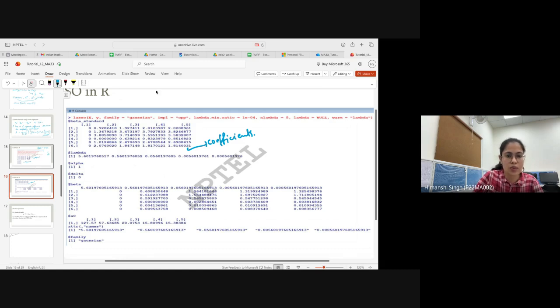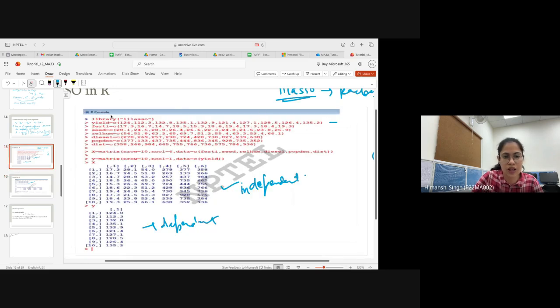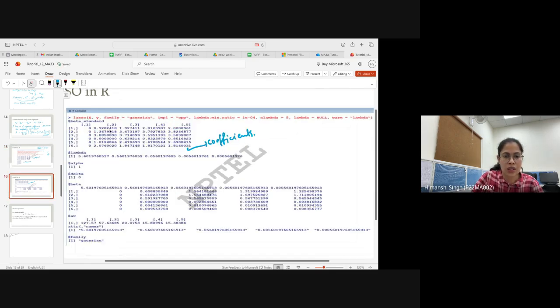You can see how many independent variables we have: 1, 2, 3, 4, 5, 6. We have 6 independent variables, x1, x2 till x6. So we have beta1 hat, beta2 hat, beta3 hat, beta4 hat, beta5 hat and beta6 hat.